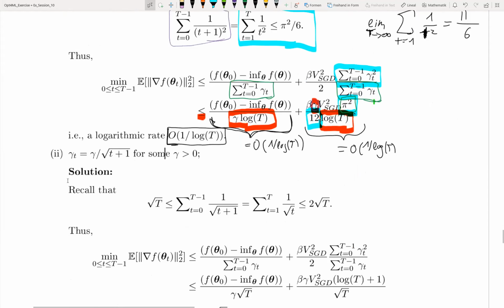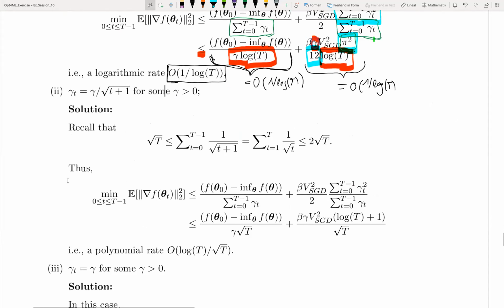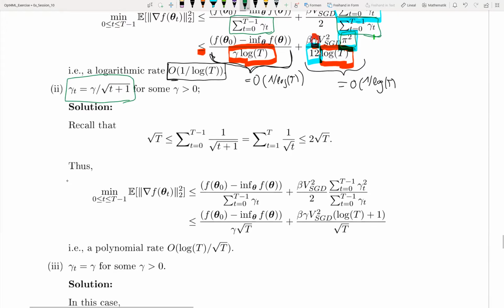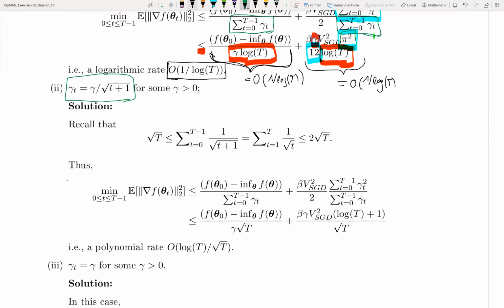What about another step size choice? Now let's try out that we only go to 0 with the step size gamma over square root of t plus 1. Here, once again, we have to think of what is going on for gamma t.